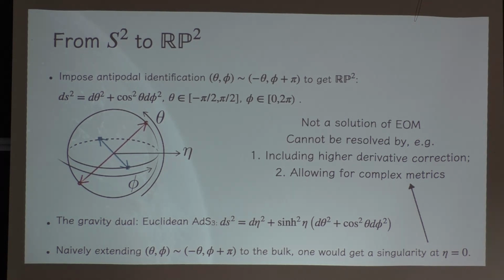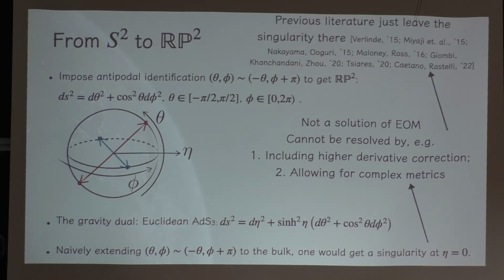You might think, well, there's a singularity, but maybe we can include higher derivative corrections or just allow complex metrics to resolve this singularity. But that's actually not doable because, as I explained before, this singularity comes from the cobordism topological obstruction. So in previous literature, what they did is that they just leave the singularity there and then think about correlators and something like that. But in order to really apply the GKP-Witten dictionary, you need to resolve the singularity.